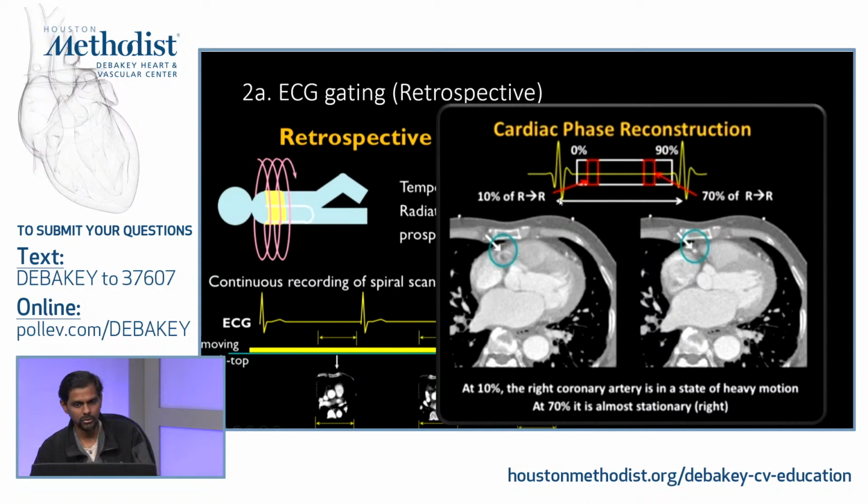Once you acquire the data, it's almost like going back and reviewing your DSA and picking your frame where there is not a lot of movement, and figuring out your entry tear or your compression or the extent of dissection into the SMA or celiac. To me, this is what is easily done in CT with retrospective gating.